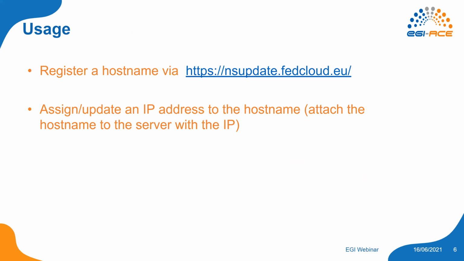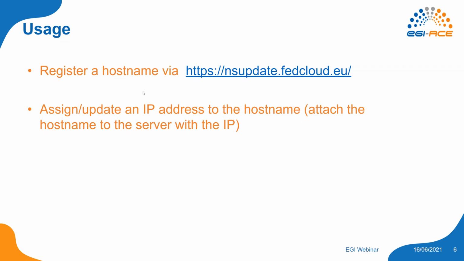If you want to use the service, it's very simple. From the view of the user, there are only two steps. The first step is to register a hostname via the web portal at this address. It's a simple GUI portal where you can register a hostname.